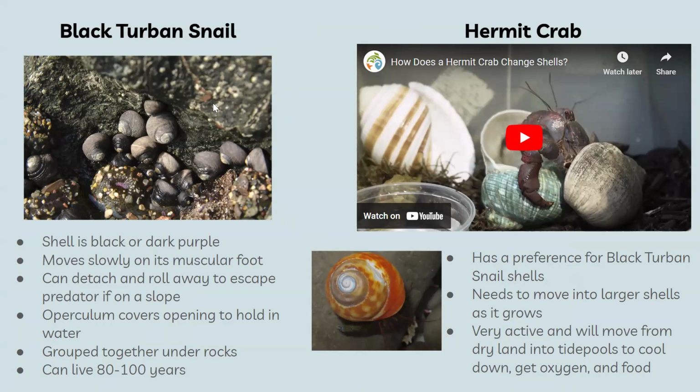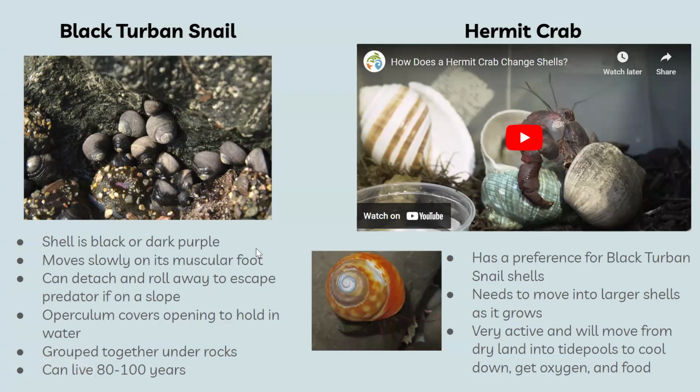The very tip of their shell often wears down to more of a tan or white color as they get exposed to waves and are hit against rocks with the wave action. Black turban snails can detach and roll away to escape if there's a predator nearby.